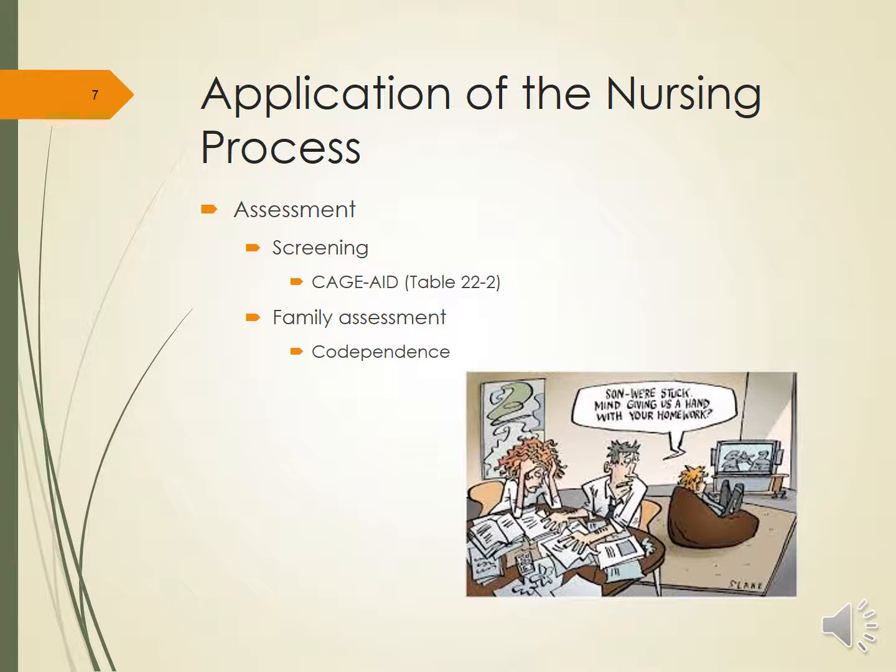I want to tell you about a large study among nursing students that was done about 10 years ago, and what they found was that nursing students had a very high rate, 48%, of having someone in their home that was addicted to a substance.